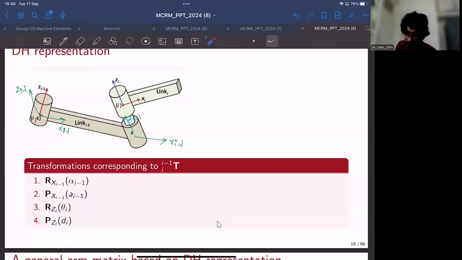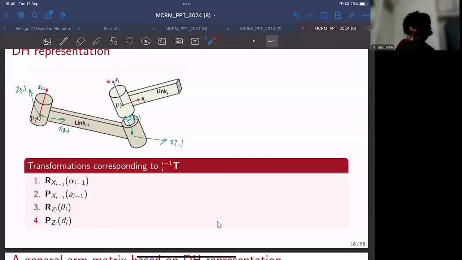Right. Now that the relative position and orientation with respect to Zi and Zi minus 1 have been taken care of, now you worry about the relative position and orientation with respect to Xi and Xi minus 1. The relative orientation between Xi and Xi minus 1 is taken care of by this transformation.